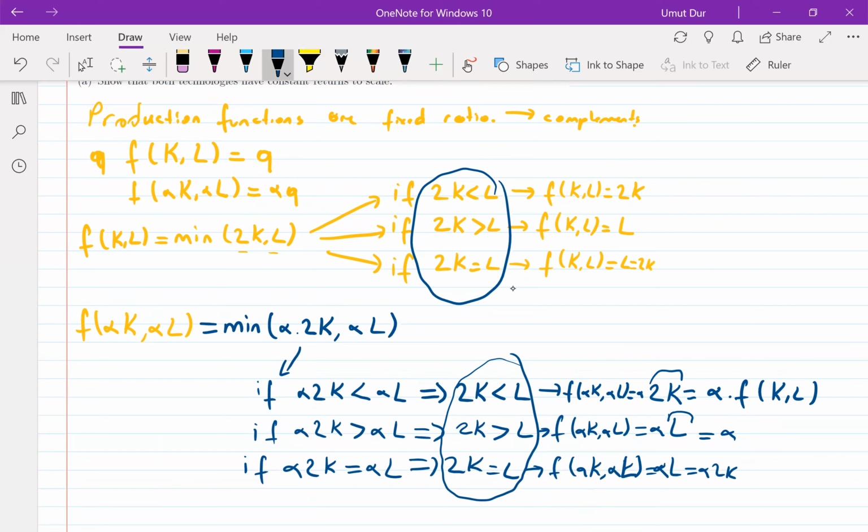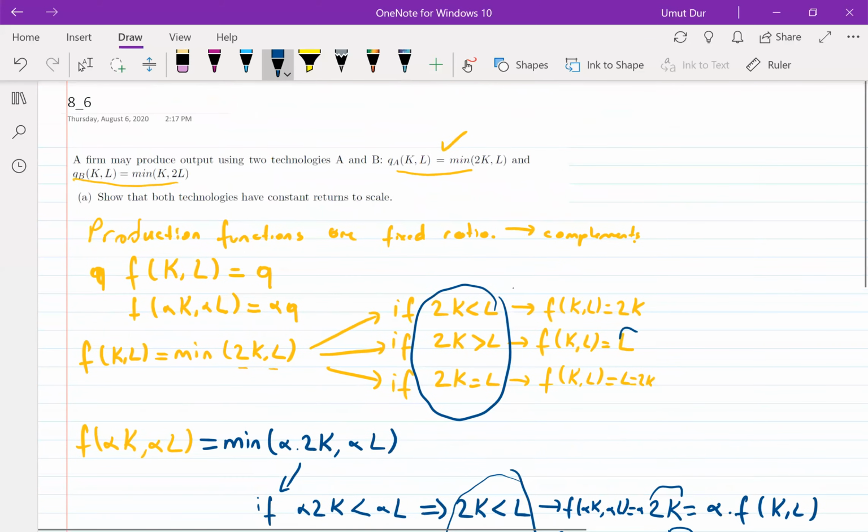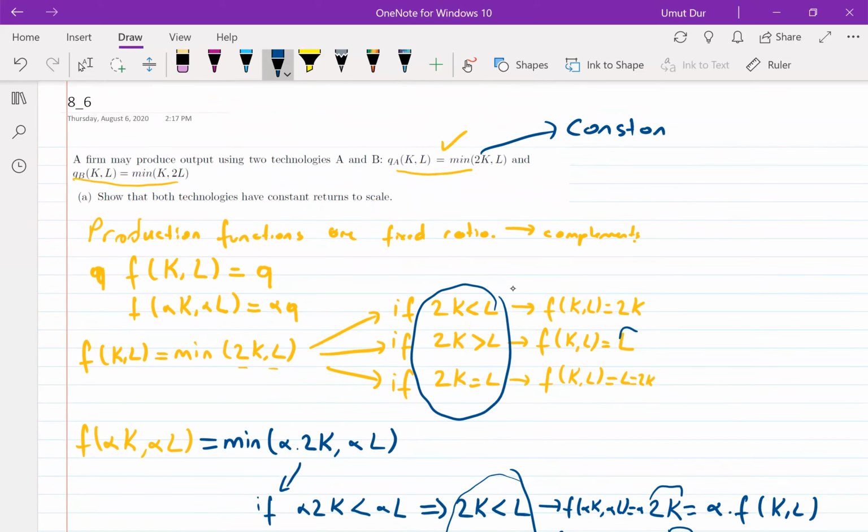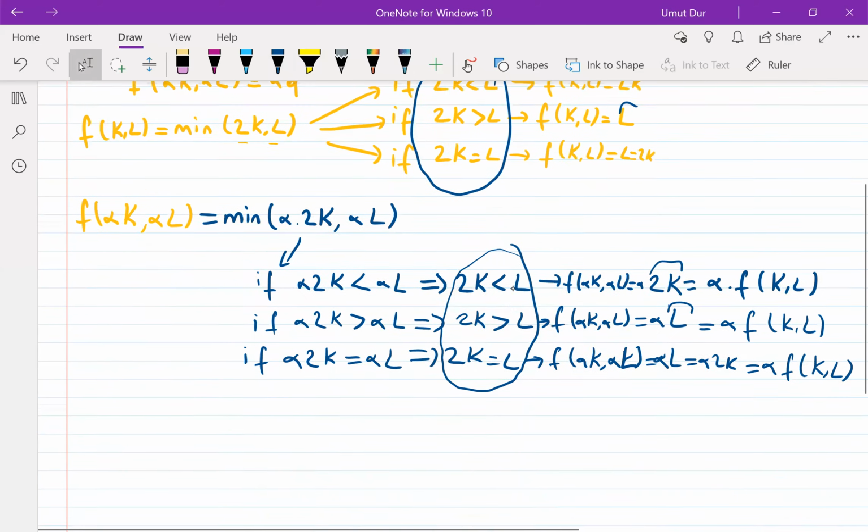So these two are equivalent: this is alpha F(K,L), and this is also alpha F(K,L). This completes what we want to show. So this is constant return to scale. That is the first question that I would like to solve today.